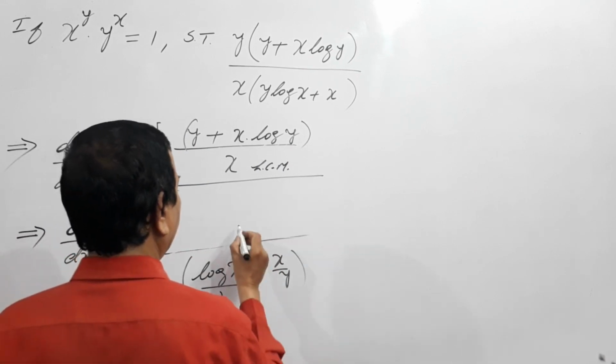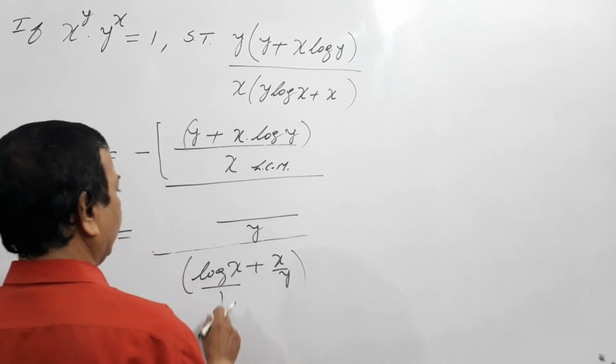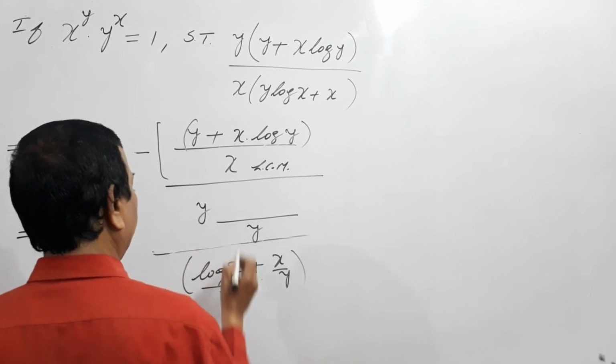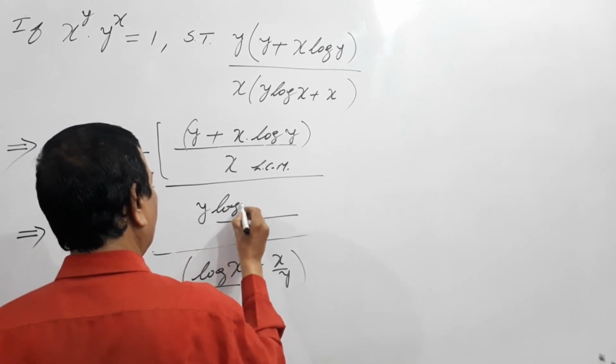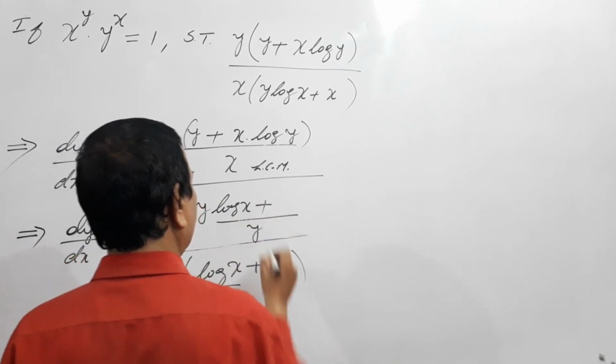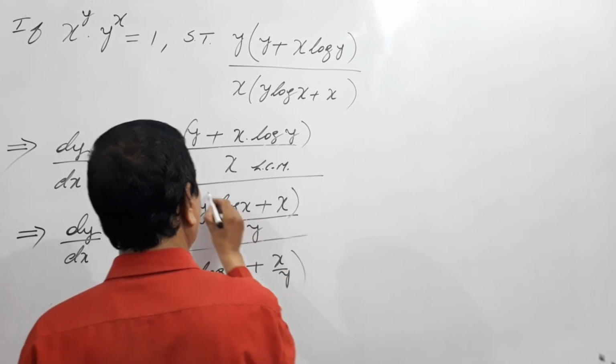So I'll take y as the LCM. One goes y times, so y into log x plus y goes one time, so this becomes x.